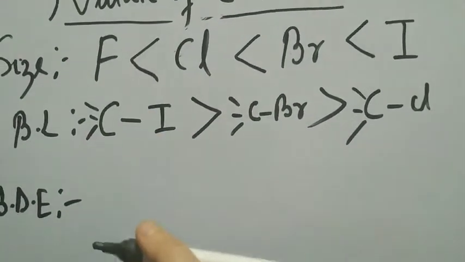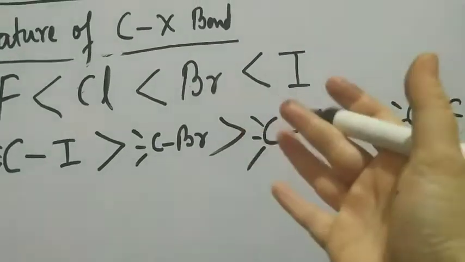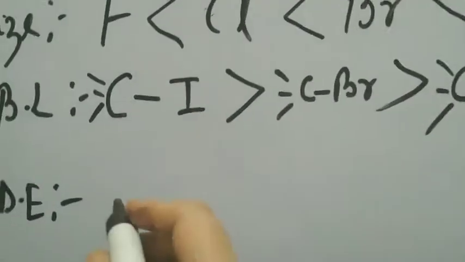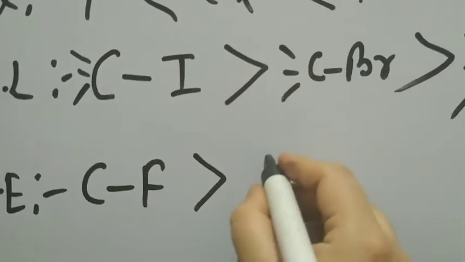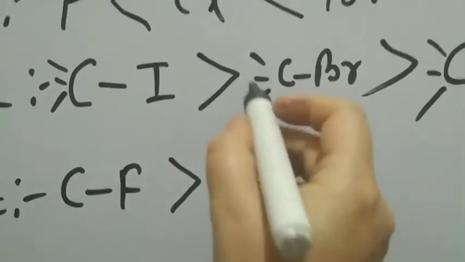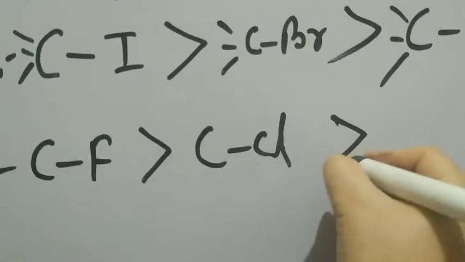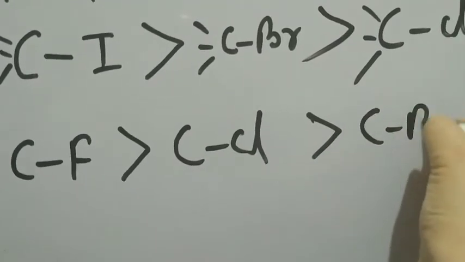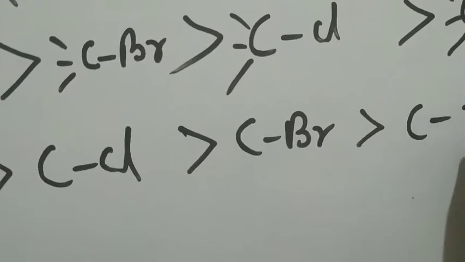And if next we have to write down the order of the bond dissociation energy or the order of the strength of the bonds, it will be in this order. C-F greater than C-Cl. I'm not writing down all the other three valencies of carbon, it's understood. After that, we should have C-Br, and after that we should have C-I.